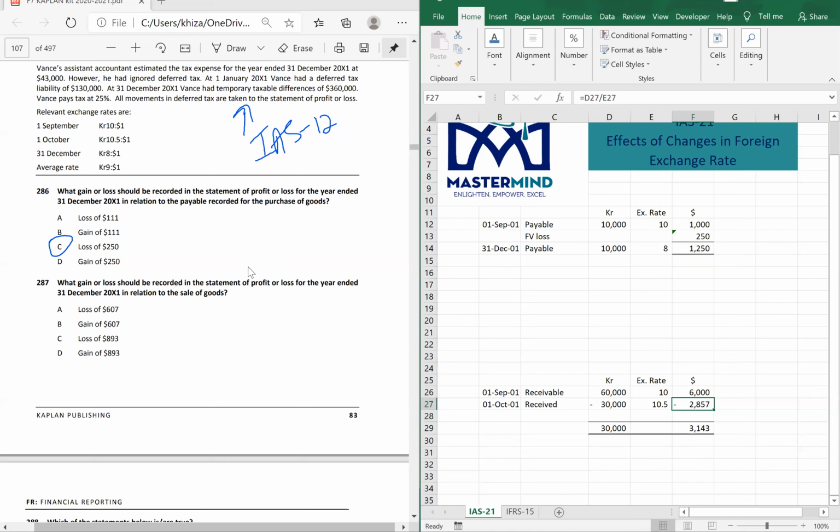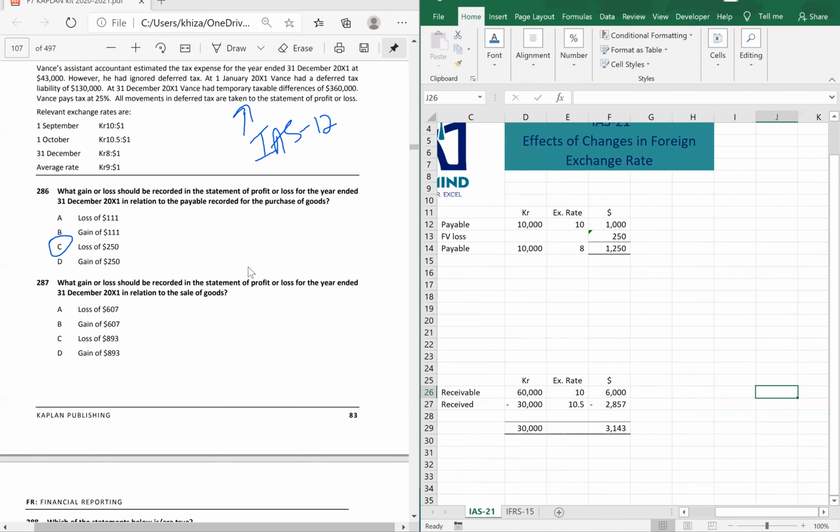So basically, you received 2857, because it was 30,000, that means half of the balance, right? So half the balance at the date at which the receivable came into existence was 3,000, half of the balance. I divide by 2. And against which you received 2857. That means you incurred a loss of 143, right? That is one thing.